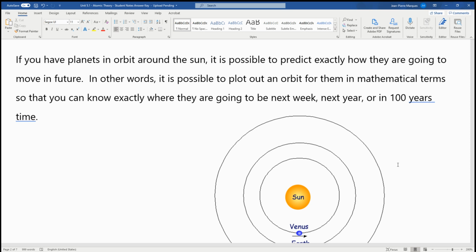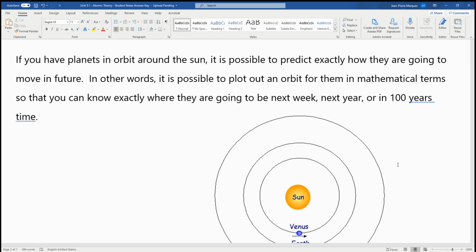Why? Because the planets orbit the sun in a predictable pattern. I can know exactly where my planet is going to be, whether that's a day away or a million years away.